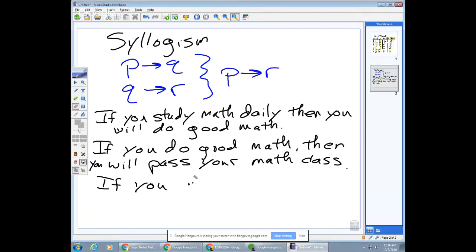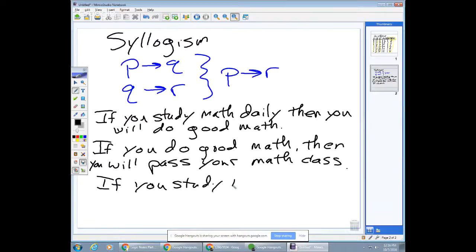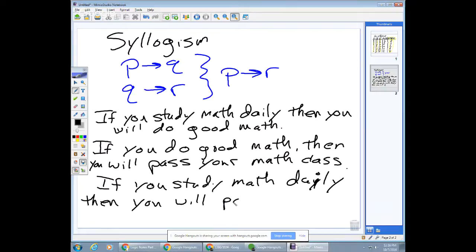Better: if you study math daily, then you will pass your math class.